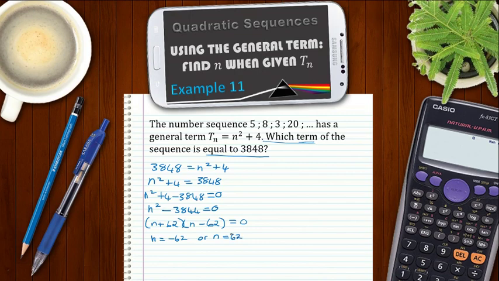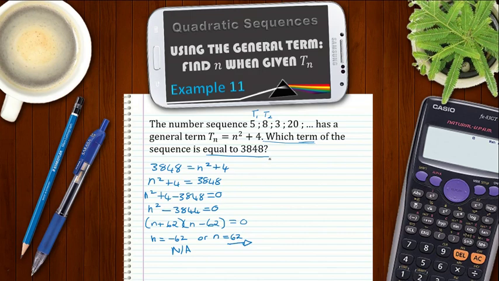Also, something which should be common knowledge, the negative value is not applicable, because this is your first term, this is your second term, there's no negative term. So n is always positive, so that means that this value is your answer.